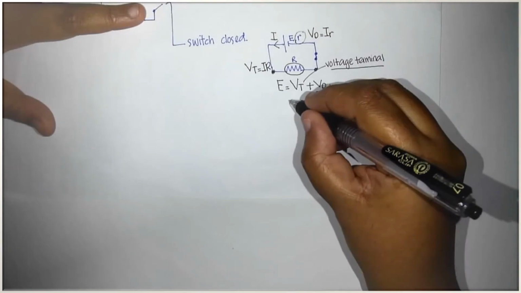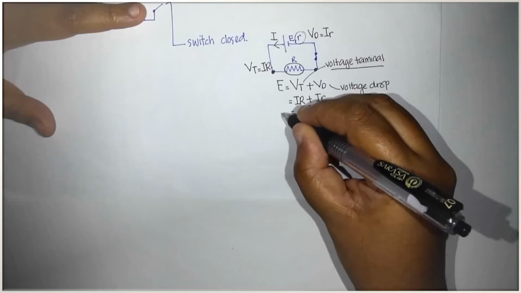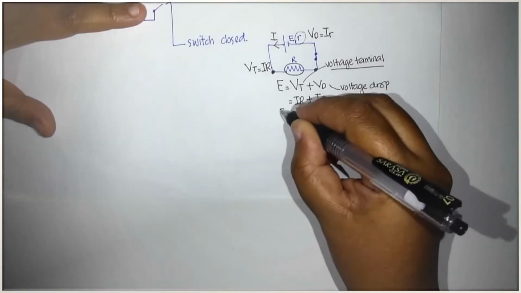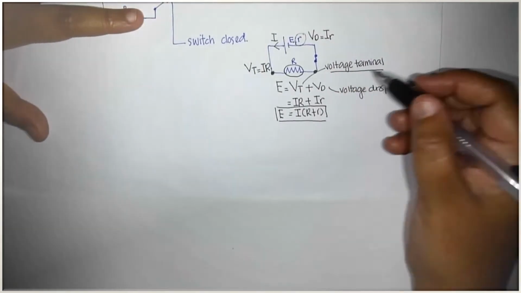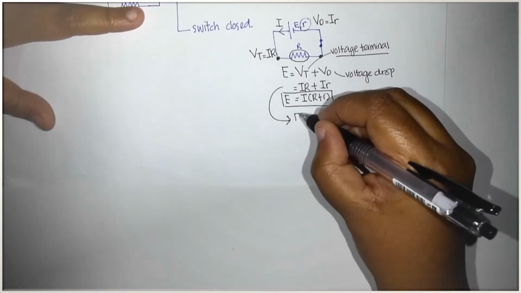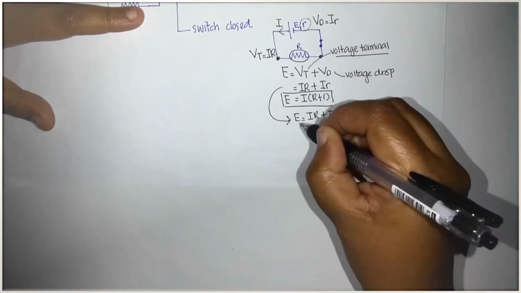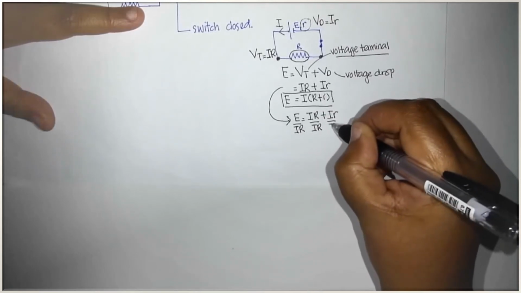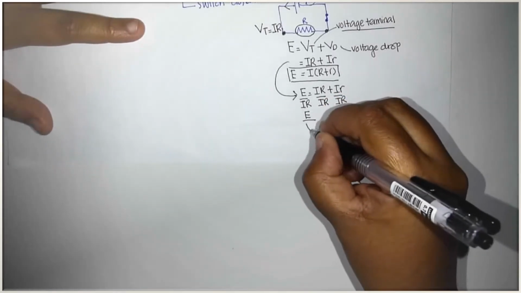So from here I substitute: E equals IR plus Ir. I get this formula which I know you have all come across before in Form 5. I can also copy the formula and divide by capital IR, divide by capital IR, where IR is actually the terminal voltage VT.